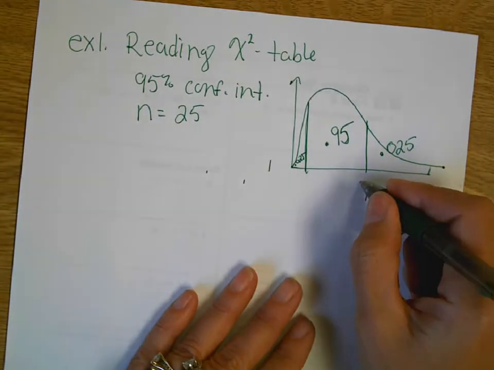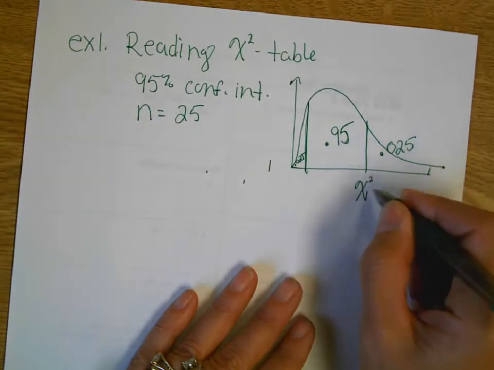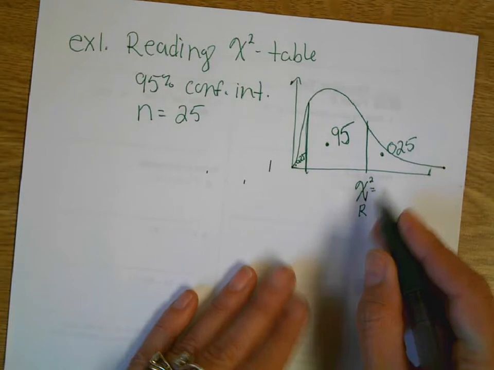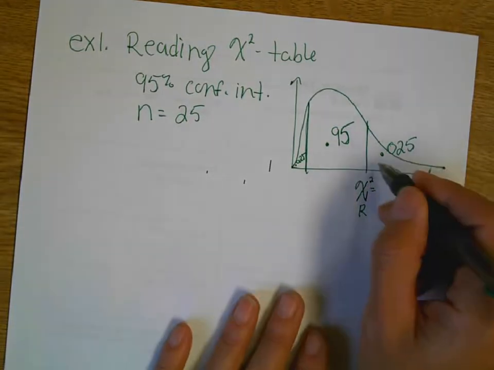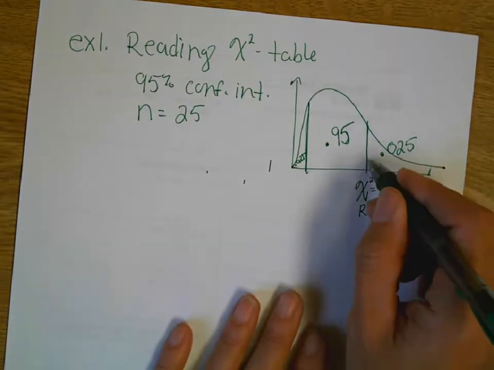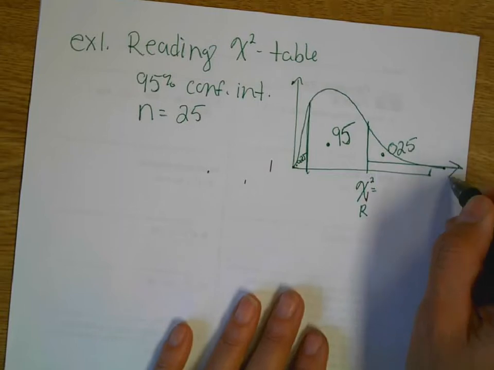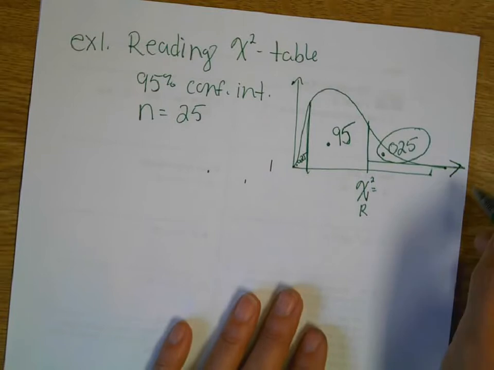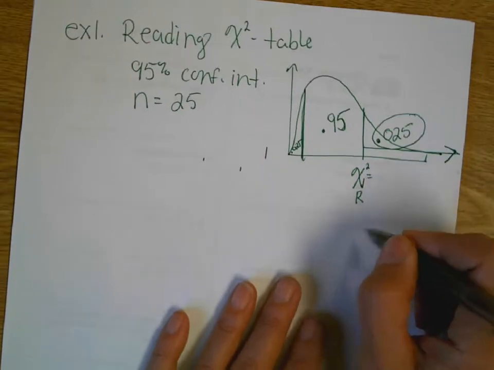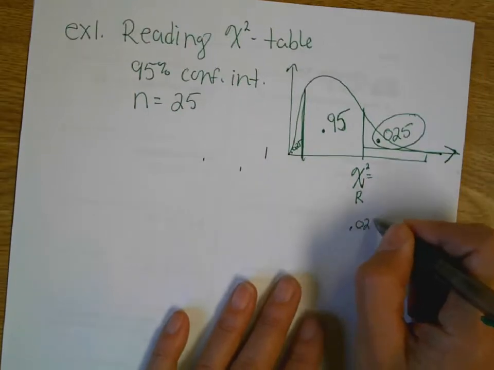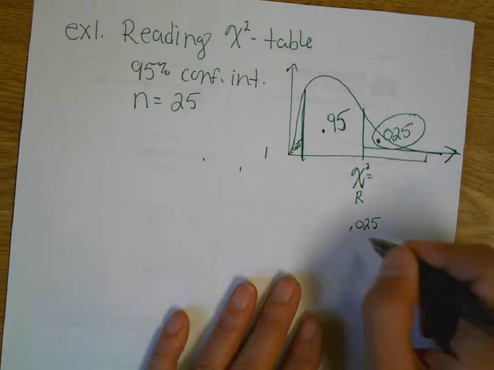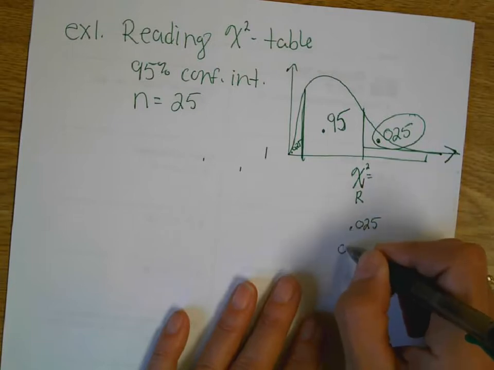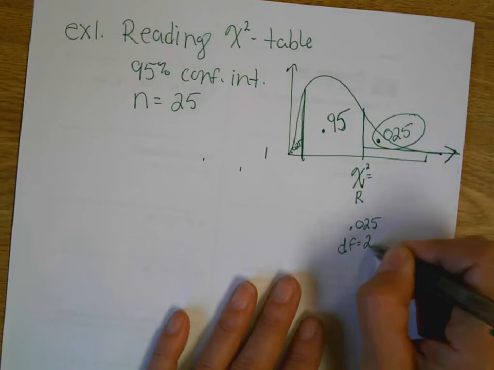So, if we want to find this chi-square value right here, the chi-square right, because it's on the right, you need the area to its right. How much area is to the right of this thing? 0.025. So we're going to look up 0.025, and degrees of freedom would be 24.